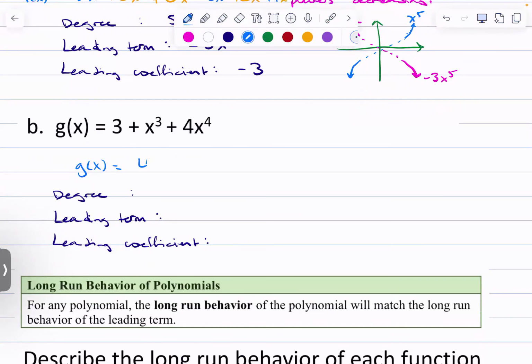So I have 4x to the 4. I have an x to the 3, so plus 1 times x to the 3, technically. Right? Coefficient is 1. And then plus 0x to the 2 plus 0x to the 1 plus 3 times x to the 0, technically.